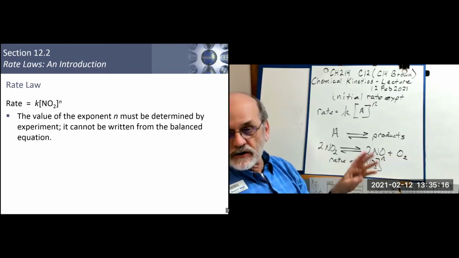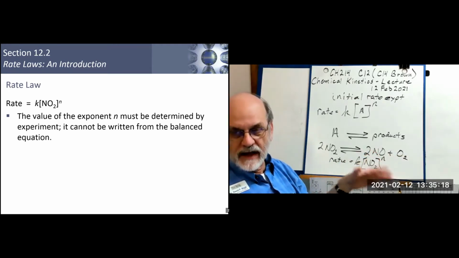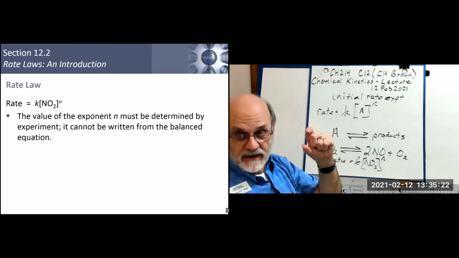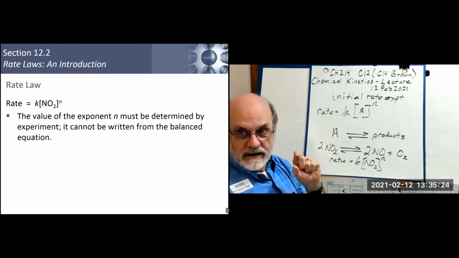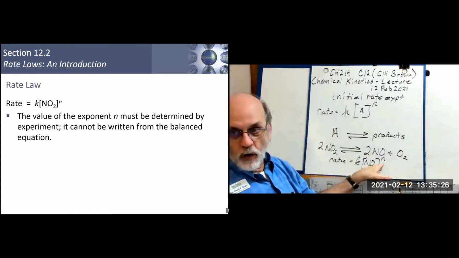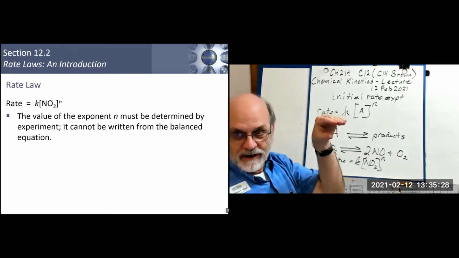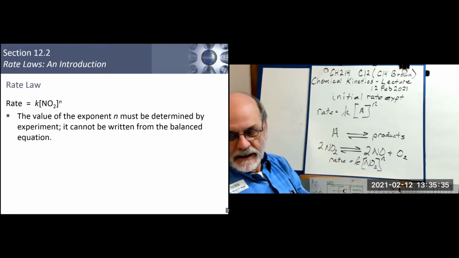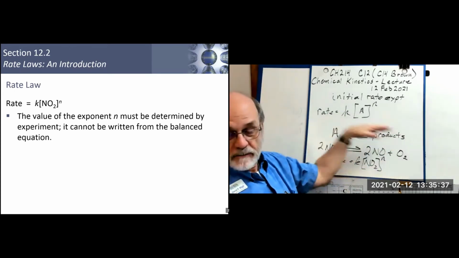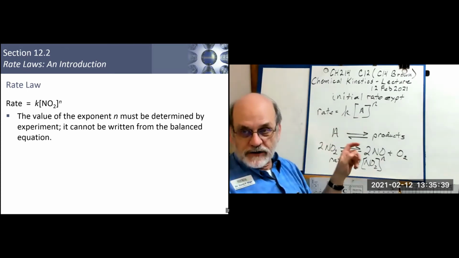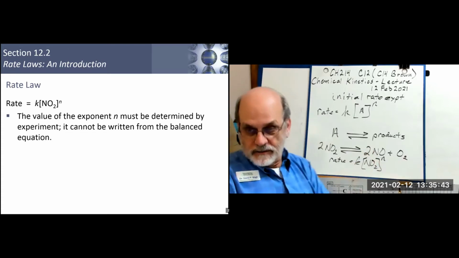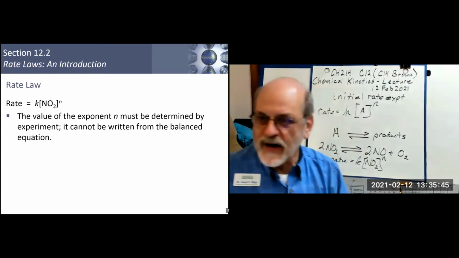They usually occur in 2 or more steps. We call them elementary steps. Now, for those elementary steps, you can infer order of the elementary step from the coefficients. Okay, just to give you a heads up for where we're headed. But for the overall reaction, you have to determine this value experimentally. So that means that we've got to figure out how to do that.